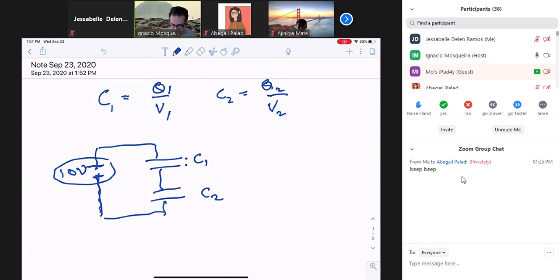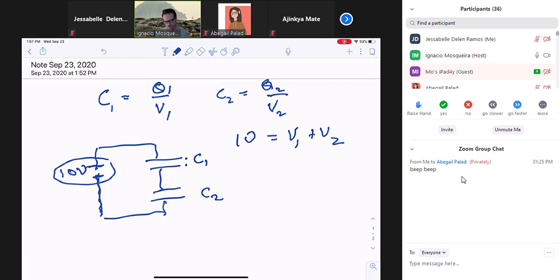Well, what that means in this situation, and we'll come back to that later, but of course it's always true, is that the voltage across the battery must equal the voltages across each of the capacitors added up. So there is a total voltage difference across both capacitors of 10, because that's what the battery is providing.